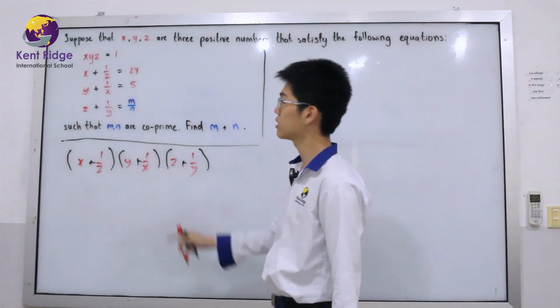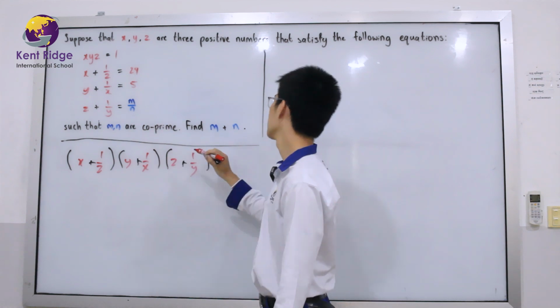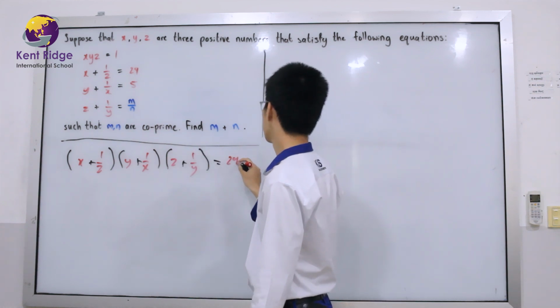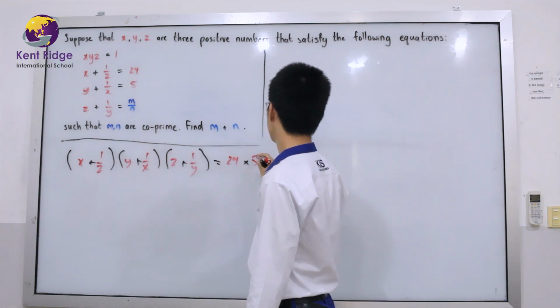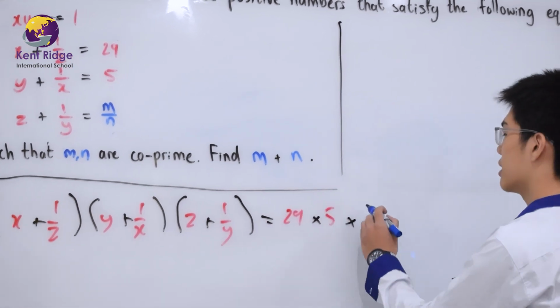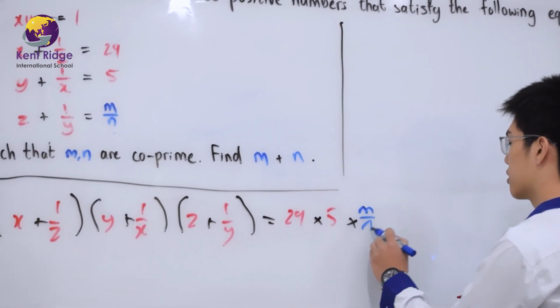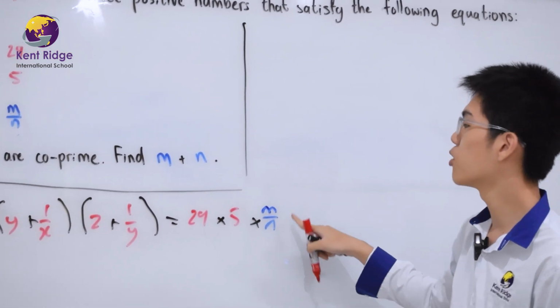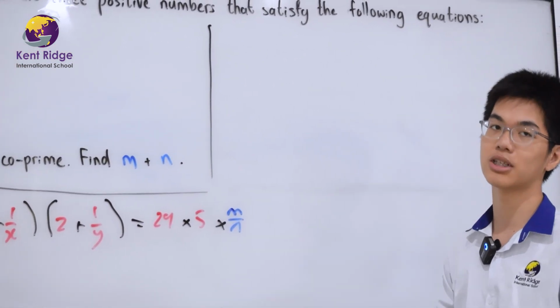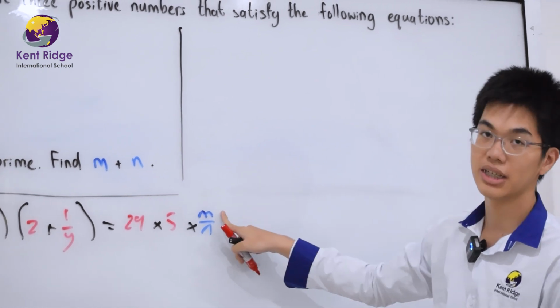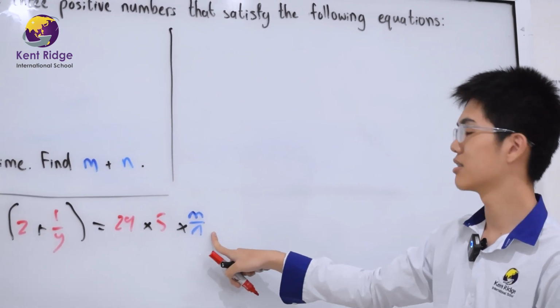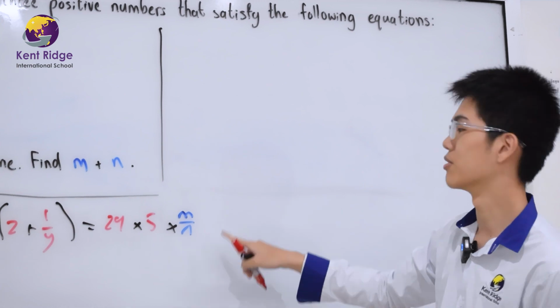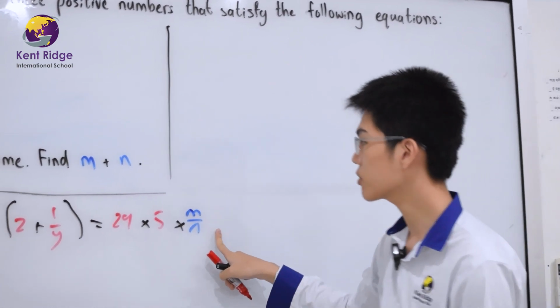Of course it's equivalent to these three multiplied together, so it equals 29 times 5 times what we want to find, m over n. Just to clarify, since m and n are co-prime, m over n will be a fraction in its simplest form, meaning m and n are integers and there's no other number that can simplify them.